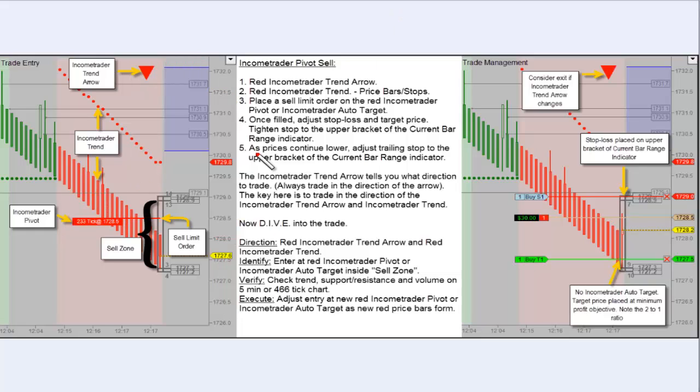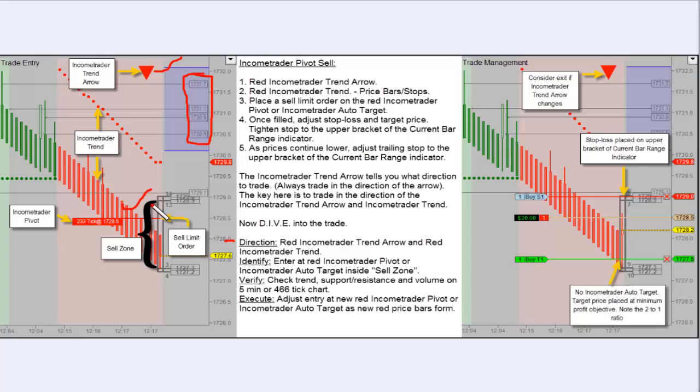Actually, let's clean that up again and start over. Get our direction there. Red Incometrader trend arrow, red Incometrader trend. Now we want to identify our entry point at the red Incometrader pivot or an Incometrader auto target. These would be auto targets over here, automatically generated, as are the pivots. Once they're hit, they go away.